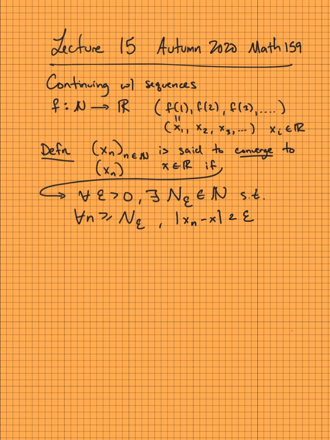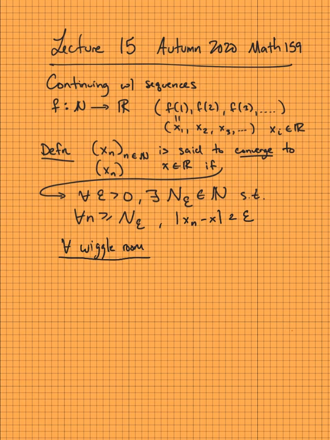So, in other words, for every amount of wiggle room, you can imagine you're conducting an experiment. I give you a sequence, you're trying to say where it converges, but of course you don't have infinite accuracy in this experiment. So maybe you have epsilon accuracy. You can tell where everything is up to epsilon. Then as far as you can tell, the x_n and the x appear to be the exact same thing, right? Because they're less than epsilon apart.